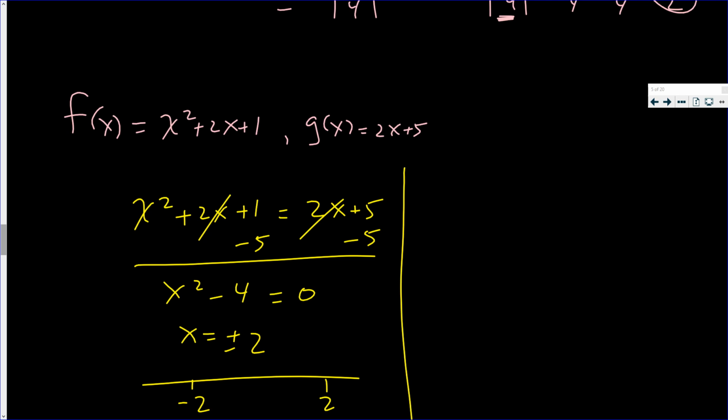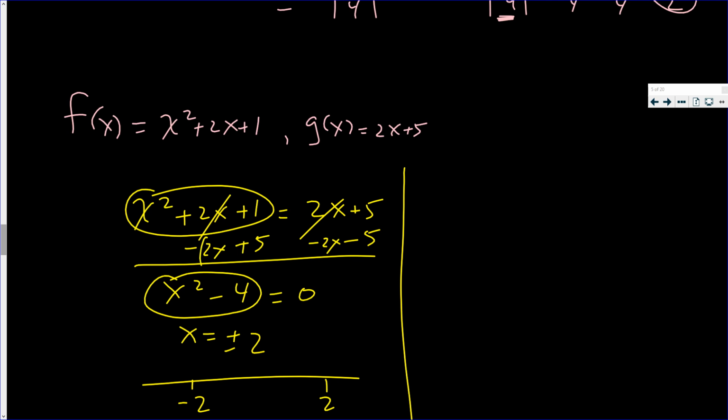Now, the nice thing is this answer right here, that is f of x minus g of x, because I actually took away g of x. And there's my answer. So we'll integrate from -2 to 2 of x squared minus 4 dx.